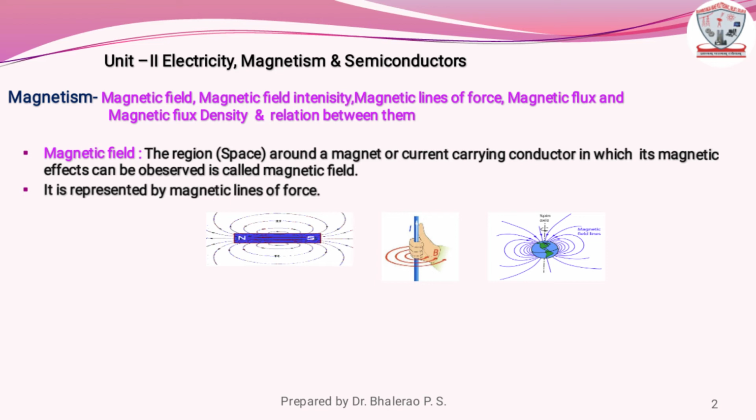Around the bar magnet, the magnetic field is produced in the form of magnetic lines of force. In the second image, the current carrying conductor I, and around that conductor the magnetic field is produced, which is represented by capital B. And the third image represents our earth. Our earth acts as a magnet.